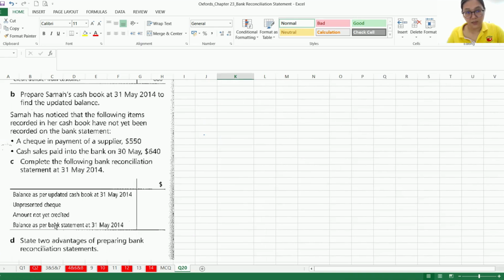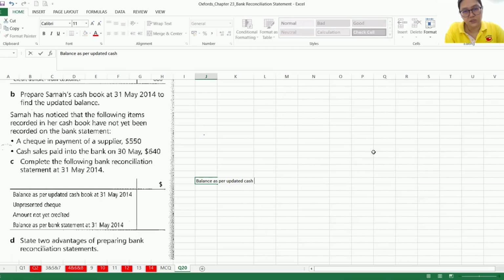Okay, they ask us to prepare according to this format. So we just copy down first. Balance as per updated cash book at 31st May 2014. And then unpresented check.